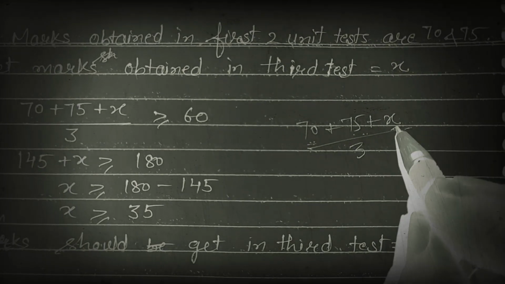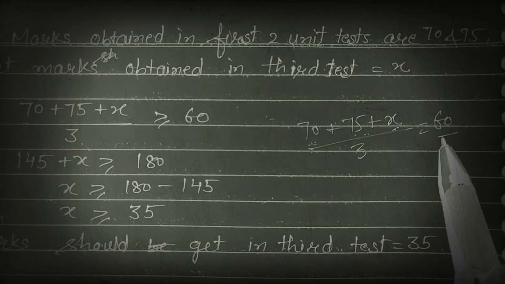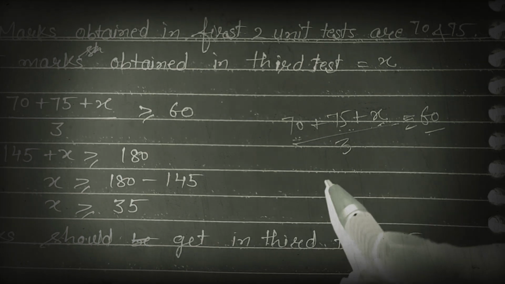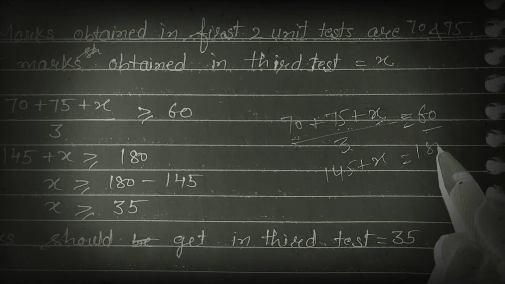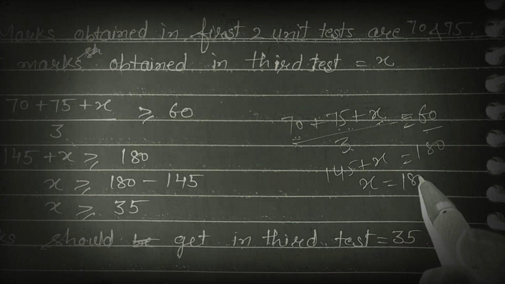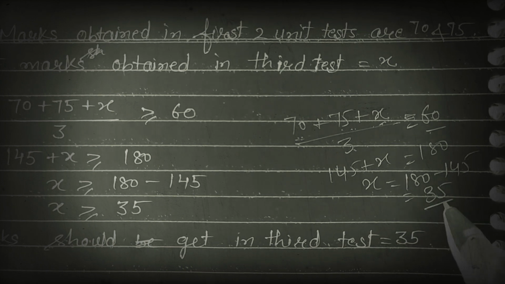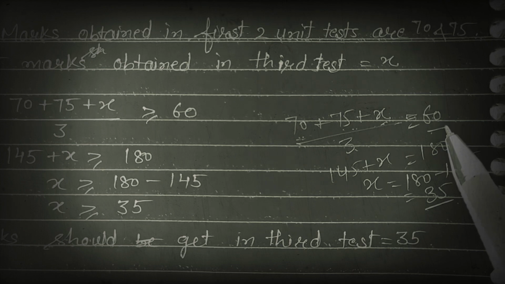And what should x be? Then the average marks should be 60, so you will take the equality sign. Now add these, 145 plus x upon 3, multiplied with this, it is 180. So x will be 180 minus 145. Then you have to get 35 marks for making the average 60.